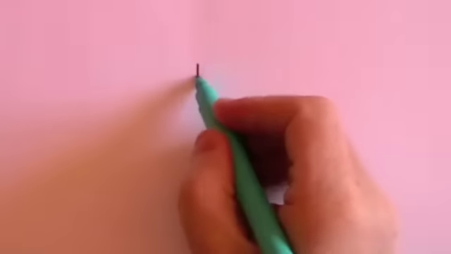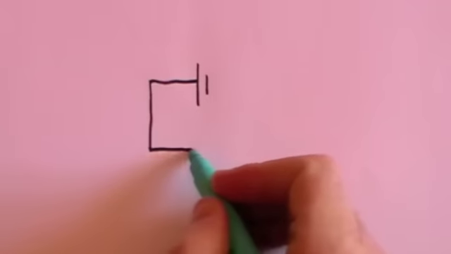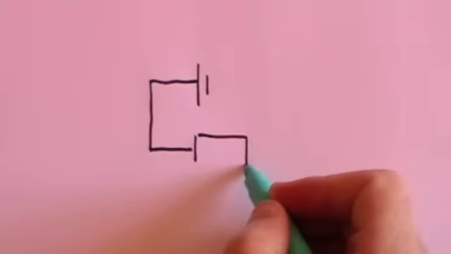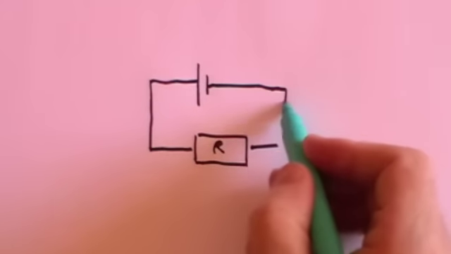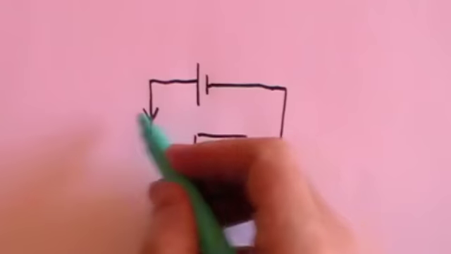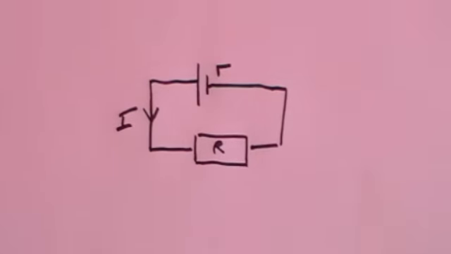Now I'm going to set you a conundrum, or a puzzle. And it looks like this. It's exactly the same circuit as we've had before. The battery, the resistance, capital R, the current I, and the internal resistance in the battery, little r.